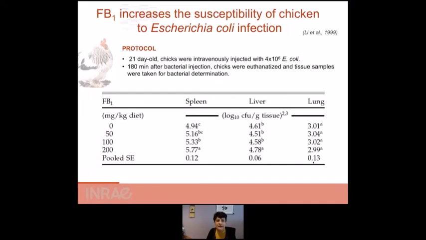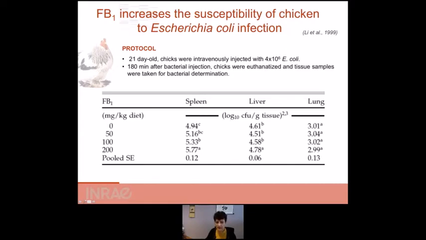This is another example, still with Fumonisin B1, but here in chicken and still E. coli infection. Here it's 21-day-old chicks that were injected with E. coli, and after the bacterial injection, they were killed, and the number of bacteria was determined in different organs: spleen, liver, or lung.